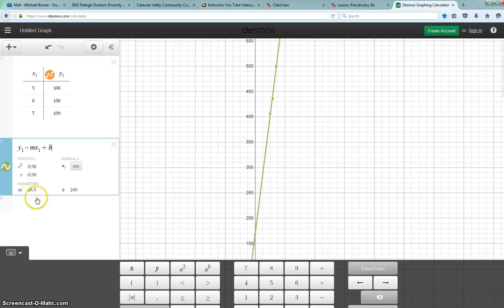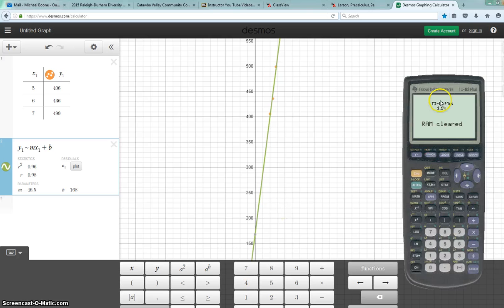It gives me what my slope is, 46.5, and what my b value is, 168. So it just did a regression. We can fit whatever type of equation that we want, but since we're doing linear, we do an mx plus b, and we're just using our y1 values and our x1 values to get this regression.